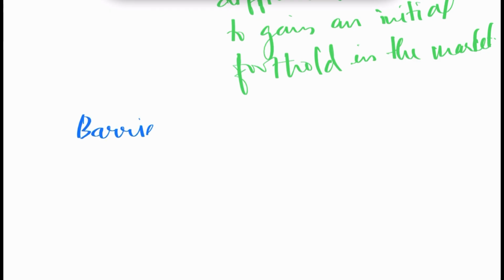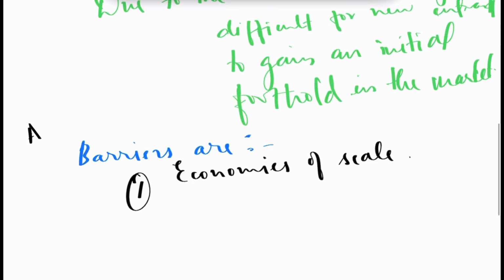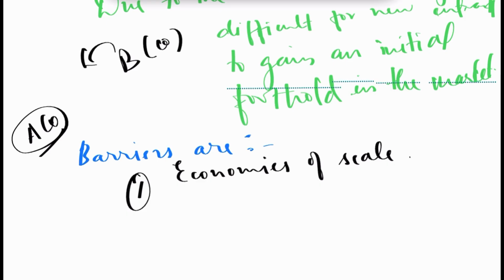The barriers are, firstly, economies of scale. Okay, economies of scale means that A company already exists in the market and B company is going to enter into the market.